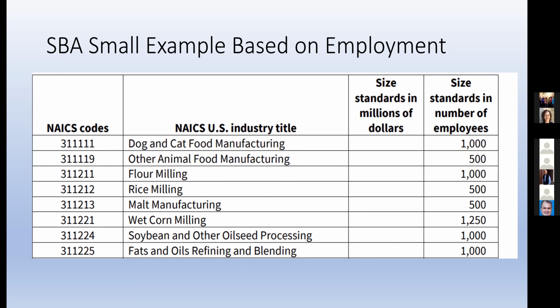Well, if you employed 200 people in Tennessee and 300 people at the headquarters or elsewhere, and you're a dog and cat manufacturer, then you'd be fine because your total employment for that business or corporation is less than 1,000. Okay, so they look at the total for that entire operation or business, not just the one location.